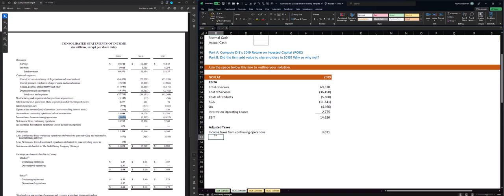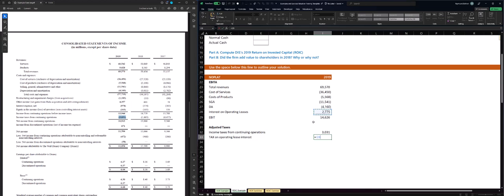Well, the first thing I always do is take care of the interest. So I'm just gonna put tax on operating lease interest, not operating leases.